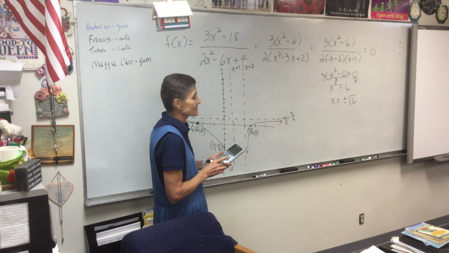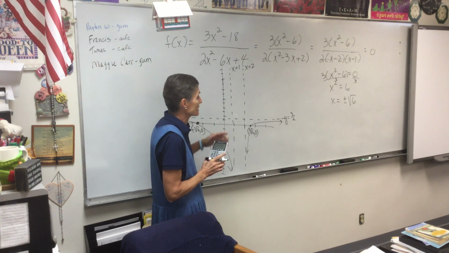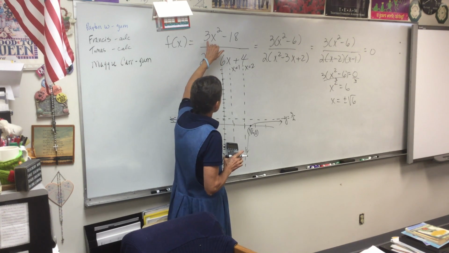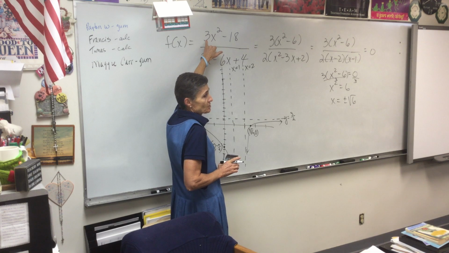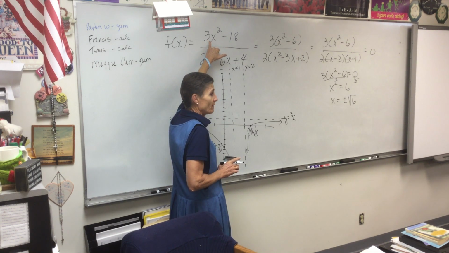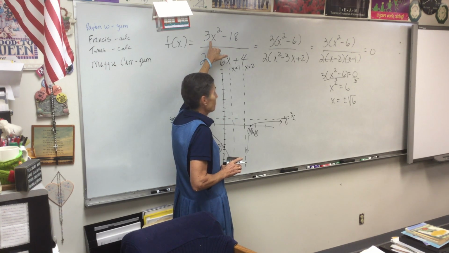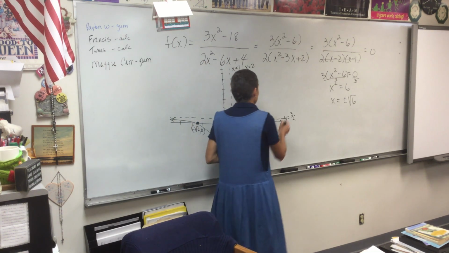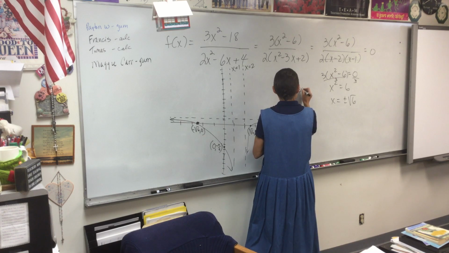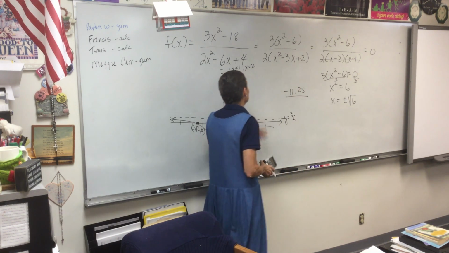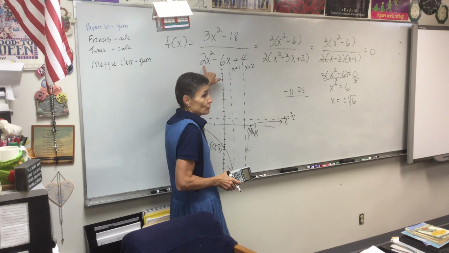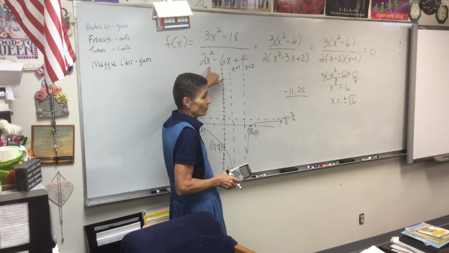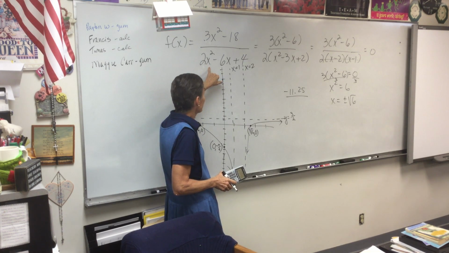Okay, well you're doing something wrong because you should get the same answer both times. So let's do, on our calculators, 3 times 1.5 squared minus 18 equals. What did you get? Negative 11.25. That's my top. Minus what? 2 times 1.5 squared minus 18.5.